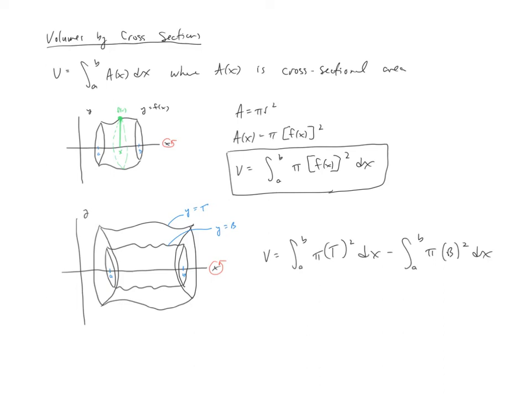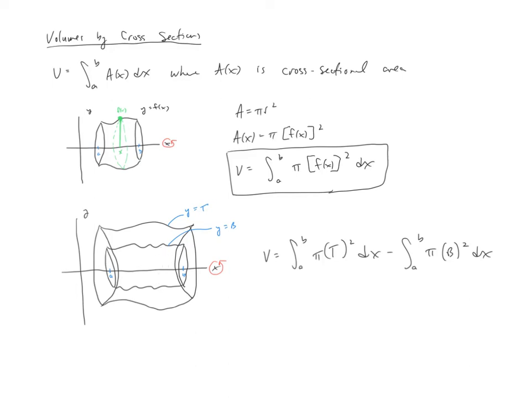Remember before how we talked about top minus bottom? We're going to get there, but if you think about it individually, we've got our big minus our little, which is going to be the big giving us the entire volume, then we're subtracting out this guy right here.